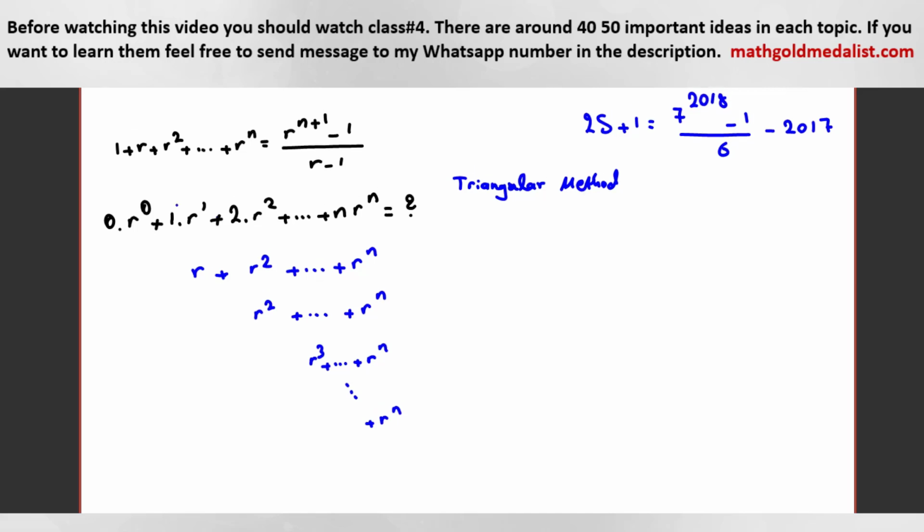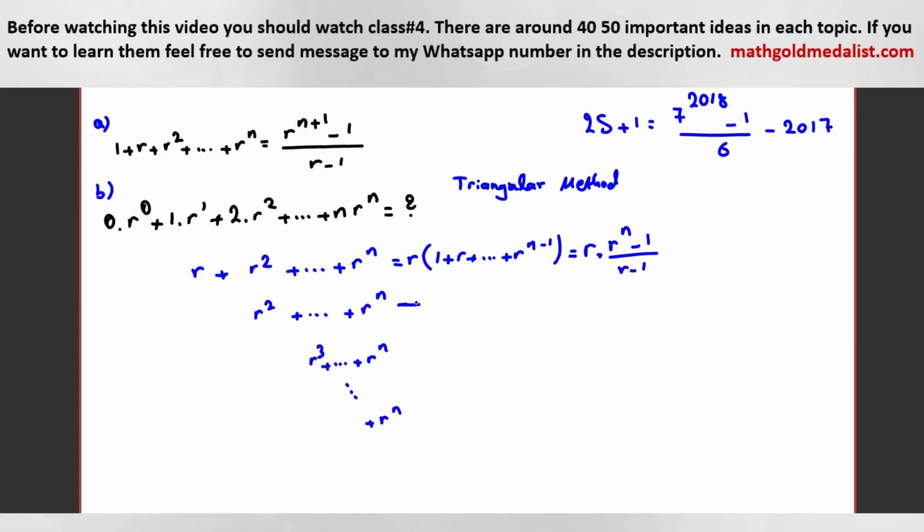Do you agree it's exactly the previous one? For example, it is part A, part B. It is exactly part A for n minus 1 when we multiply by r. Because if you factor out r, do you agree it will be exactly the previous identity? So it will be what then? r times (r^n minus 1) over (r minus 1).